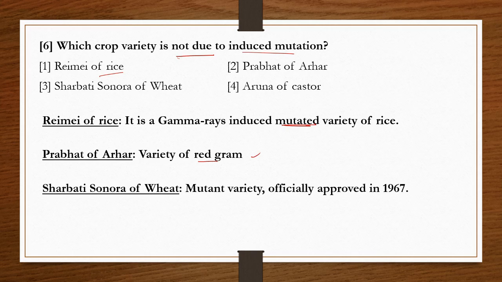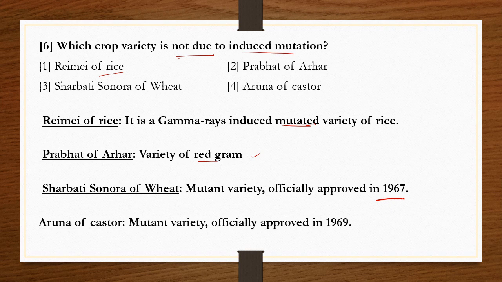Sharbati Sonora of wheat is also a mutant variety, approved in 1967. Aruna of castor is also a mutant variety, officially approved in 1969. So among these four options, rice, wheat and castor are mutant varieties. Only Prabhat of arhar is not a mutant variety. So the correct option is 2.